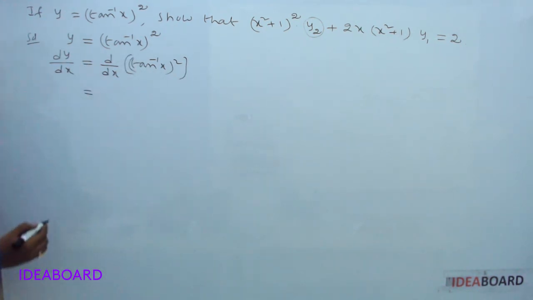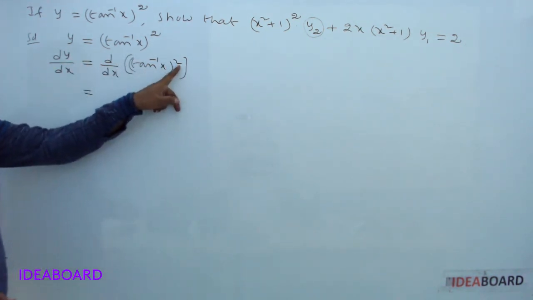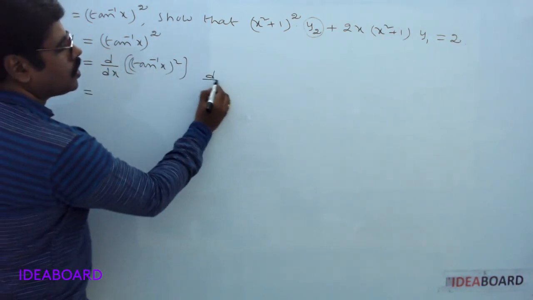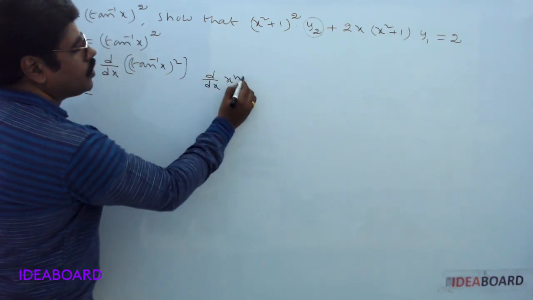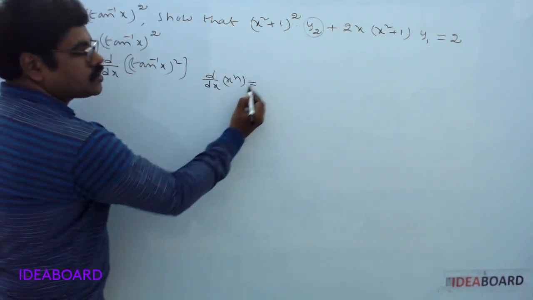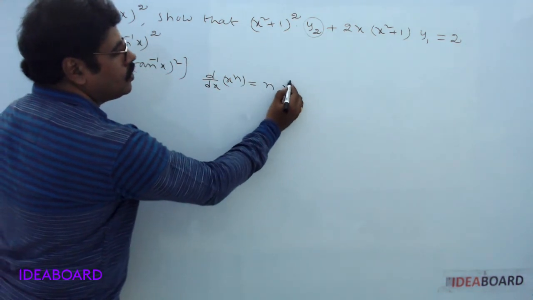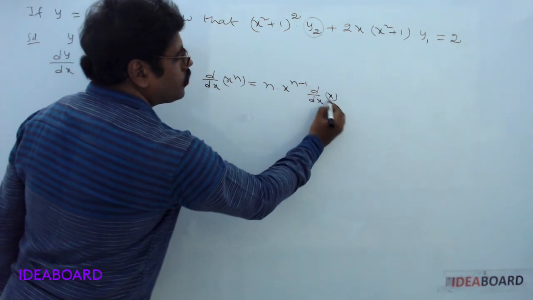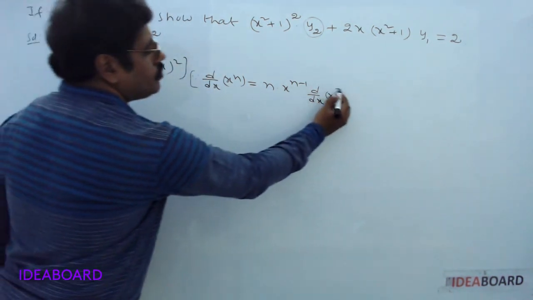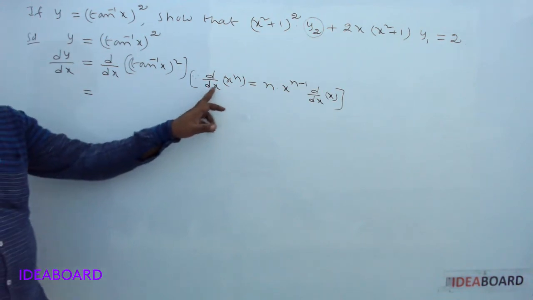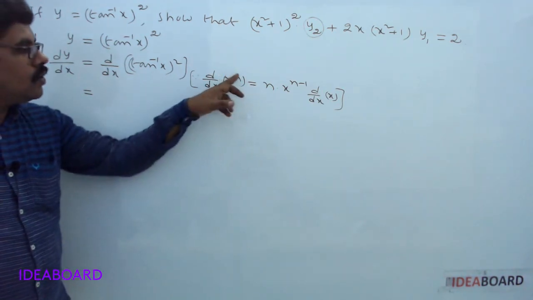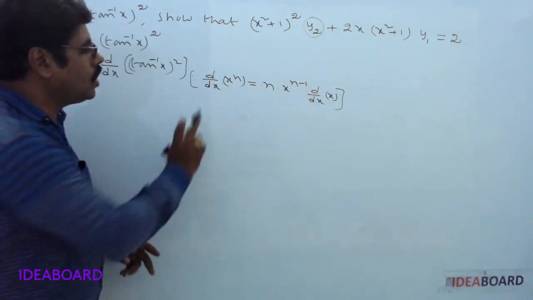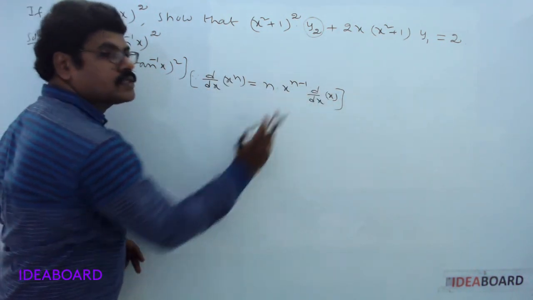Now here power is the constant term, base is the function. On this term you can apply the formula for derivative of x power n. What is this formula? d by dx of x power n equals n into x power n minus 1 into derivative of this base function x.